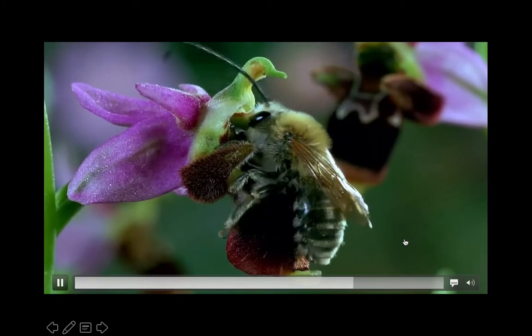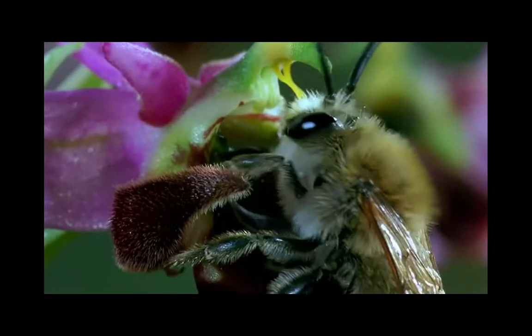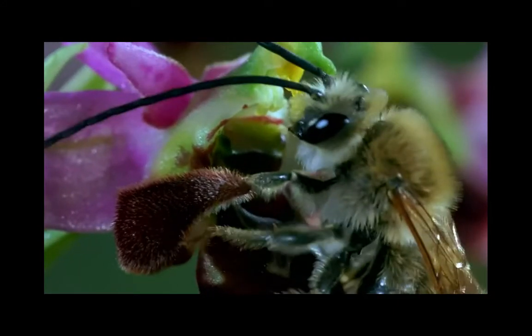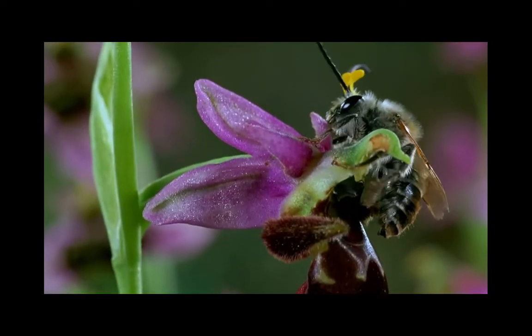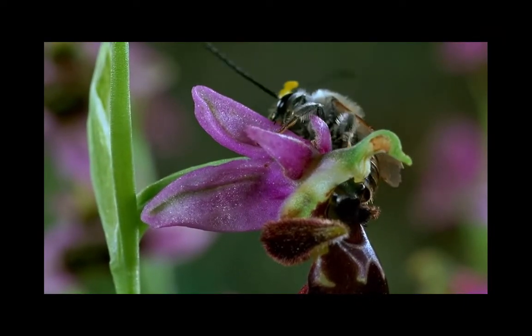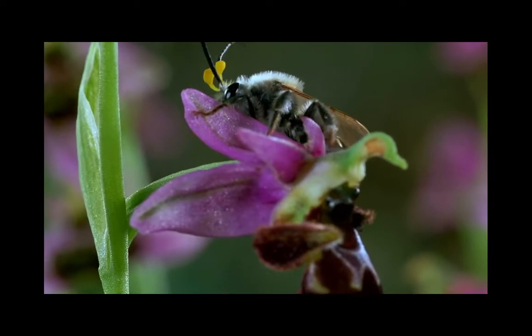And in this process, as you can see, the male got two sticks on his head. So when he flies and visits other flowers, he is going to spread the pollen.